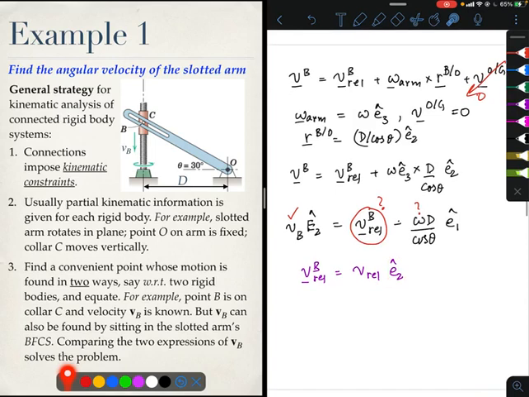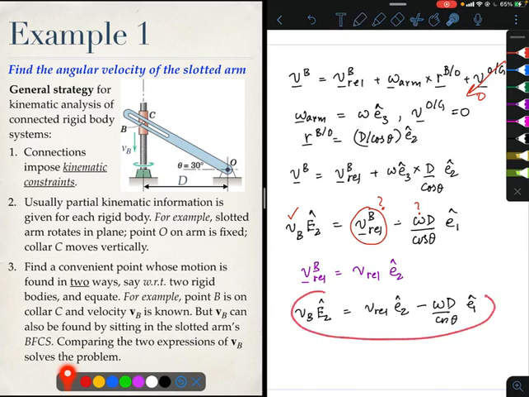Now if I put this together, I have the equation VB along capital E2 is equal to V rel small e2 minus omega d over cosine theta small e1. In this equation, I have two unknowns, and these are two equations, so therefore I can solve this problem. What am I after? So we want omega. We are not currently interested in V rel.